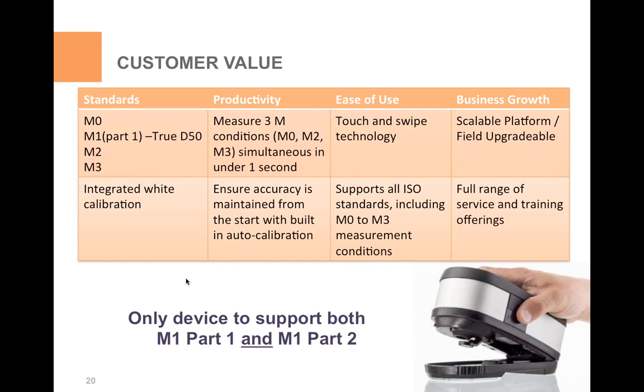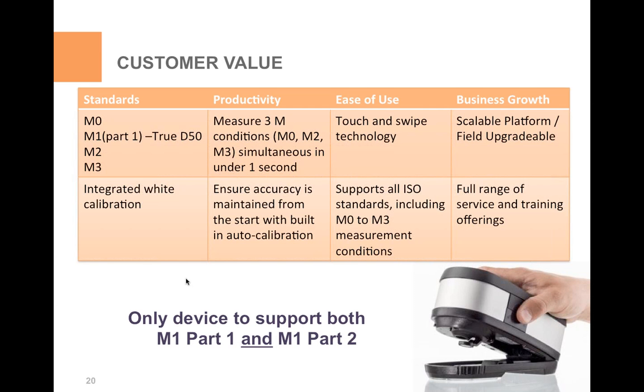For our customers, there's big value here. As we mentioned before, the ability to do all of the measurement standards, M1 in both Part 1 and Part 2. M1 Part 1 will allow you to measure the fluorescence in the paper, the OBAs in the paper, and the fluorescence in the inks, but also M0, M2, and M3.